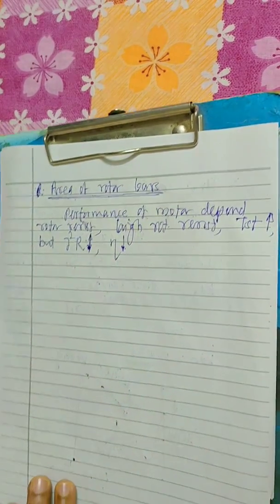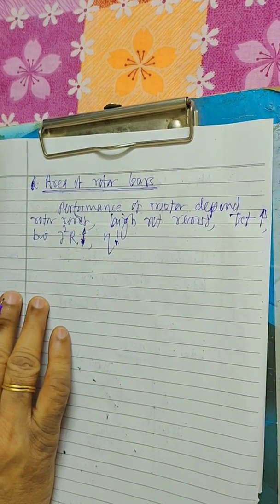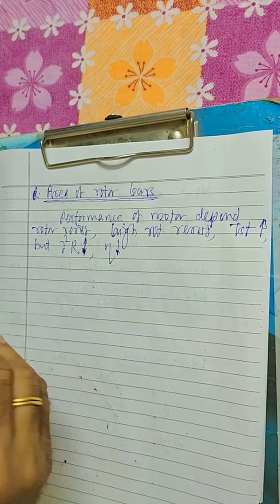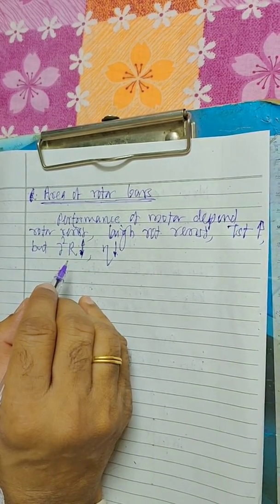So the value of rotor resistance depends on the current density selected for the same value of current.